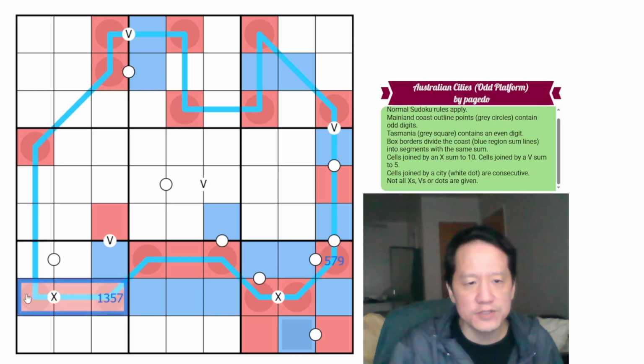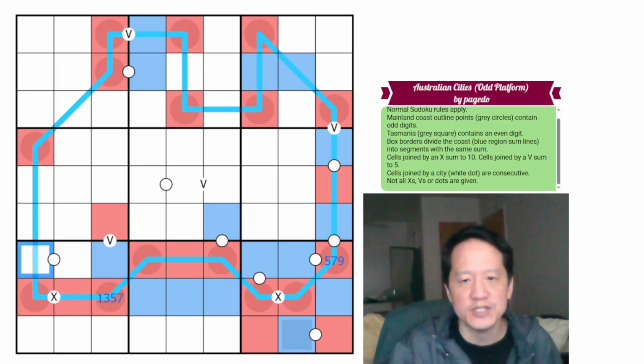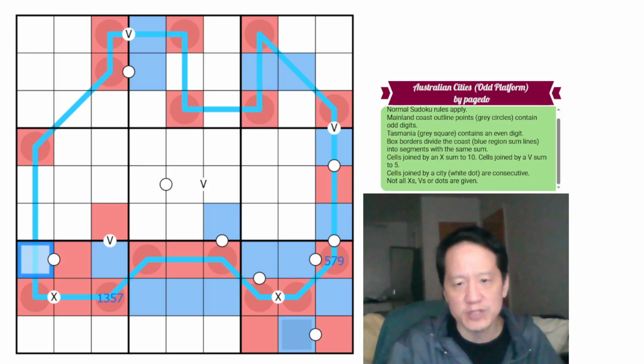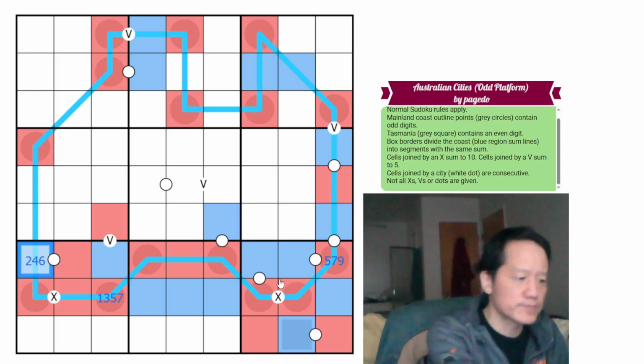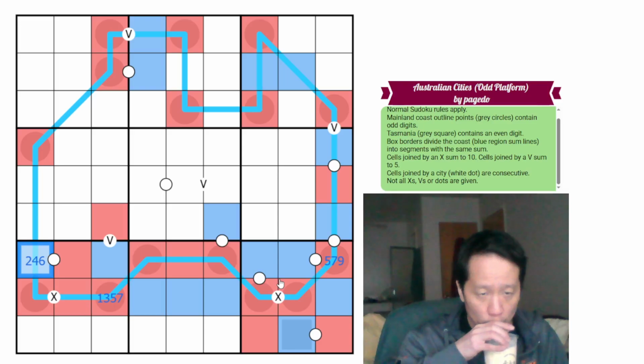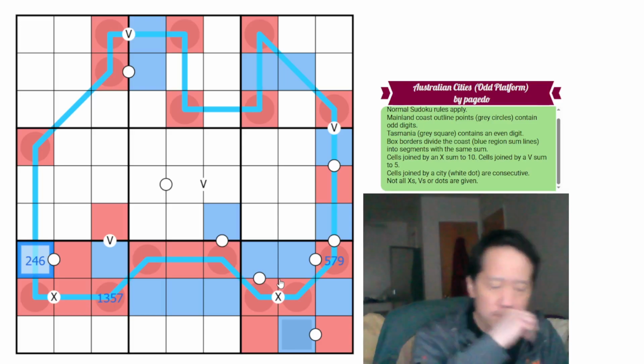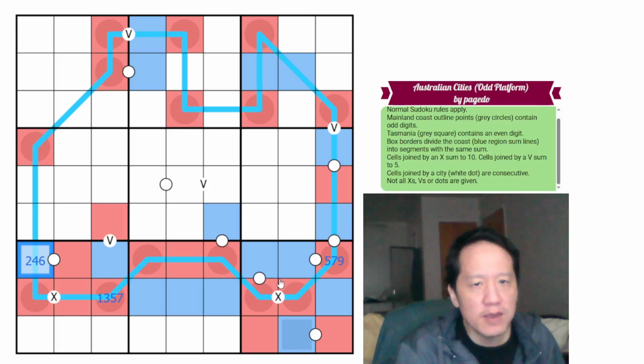Therefore, these 3 digits are odd, and it has another digit added to it, and it still has to be odd, right? So these 3 digits are odd. It has to add with an even digit to add up to an odd. So this is even, this is odd. And this has to be 2, 4, or 6 at most. The reason why we know that is these 2 digits must add up to what this digit is.